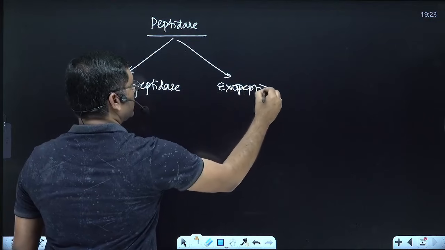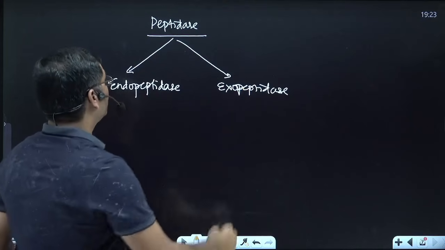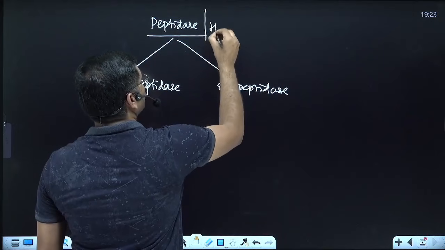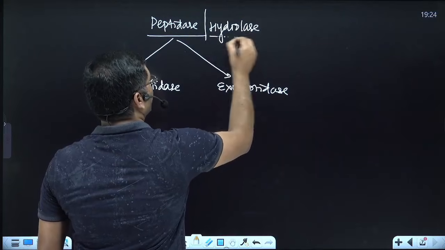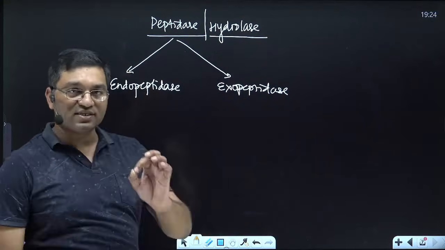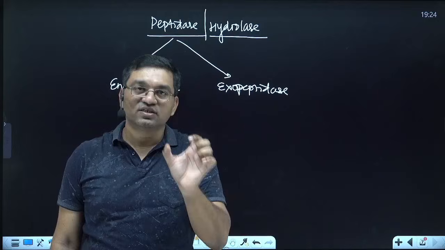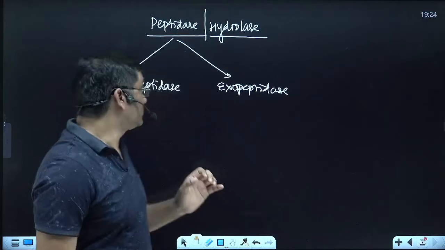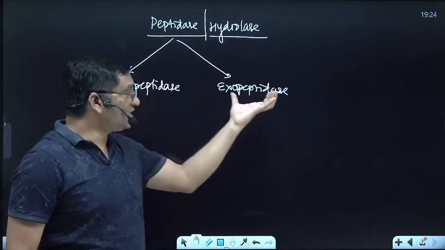Endopeptidase acts on internal peptide bonds, exopeptidase acts on terminal peptide linkages. They are hydrolases. Digestive enzymes belong to the class hydrolases, and the enzyme commission number starts with 3. OTH: oxidoreductase, transferase, hydrolase.